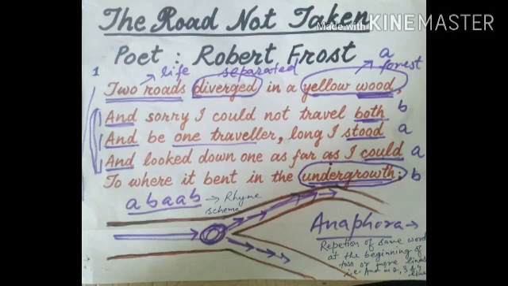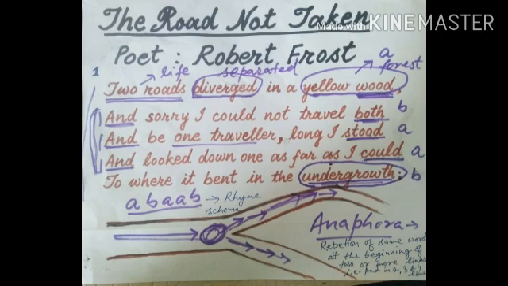So here yellow wood stands for a forest with leaves withering and turned yellow in color in the season of autumn. Metaphorically, it represents a world full of people.